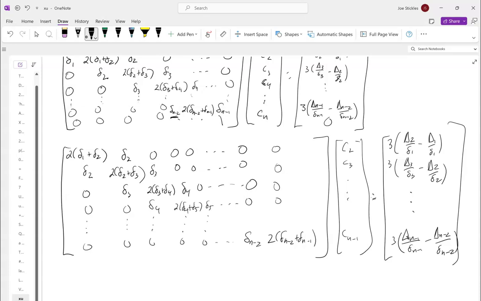Because you would have all these values already computed, correct? Remember, the deltas are all your distances between the x's, right? This is your difference between x1 and x2. This is your difference between x2 and x3, x3 and x4, and so on up the line, correct? So you just have numbers that you would need here, right?